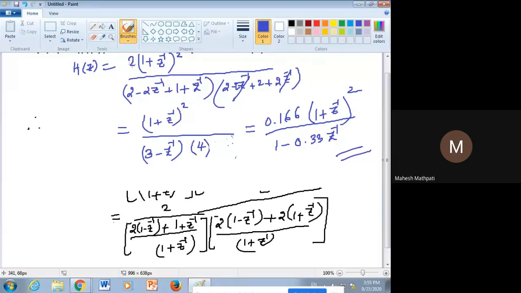So you just further simplify that. Here this will be like 2 into 1 plus z inverse square. Still anything remaining? No. So this is the final answer: 0.166 into 1 plus z inverse square divided by 1 minus 0.33 z inverse.